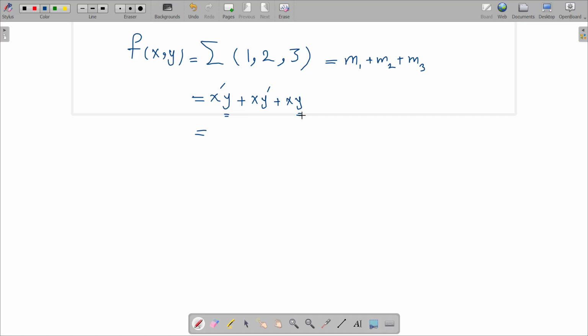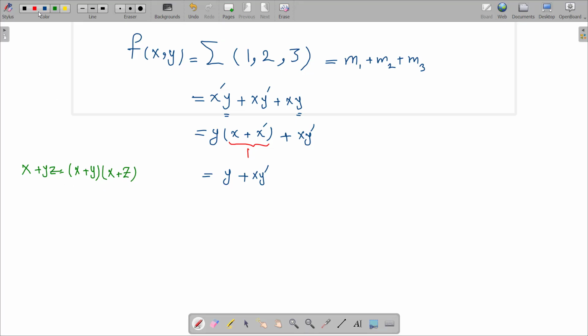I have y and y' here, so it means that I can write y + x or x + y'. So I know that this is equal to 1. If I rewrite again, I will have y + xy'. According to the distributive law, we know that x + yz equals (x + y) and (x + z).